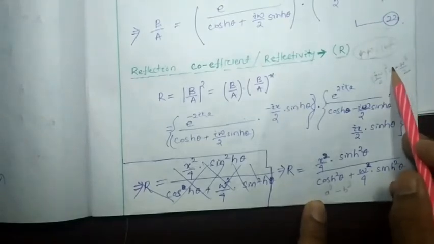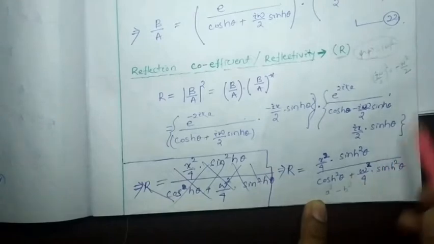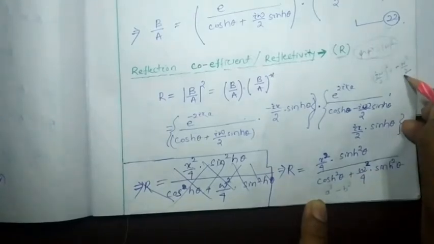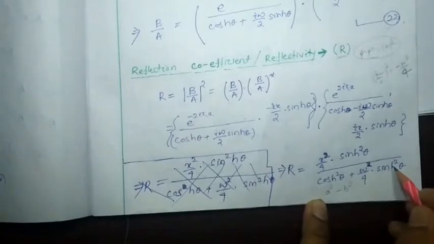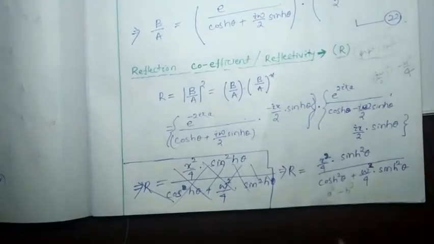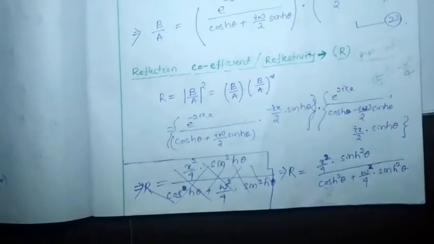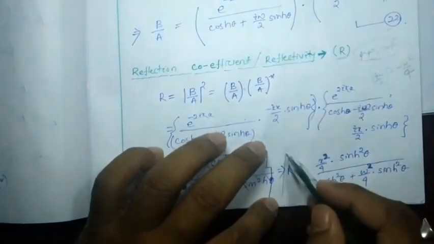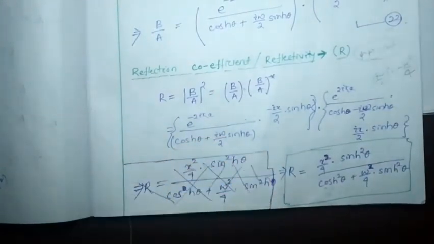Here one minus will become due to i square. So minus plus omega square by 4 into sin h square theta. So here we found that R, the reflection coefficient or the reflectivity in this case, is this one.